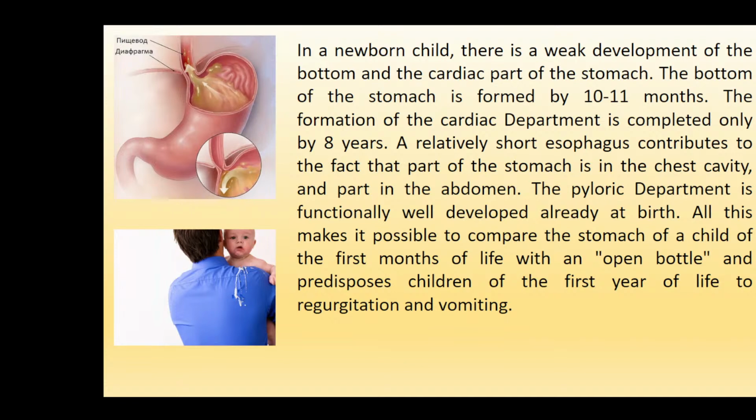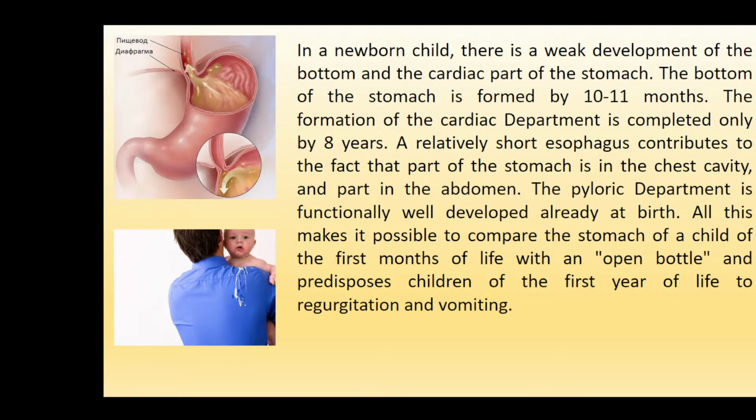In newborn child, there is a weak development of bottom and cardiac part of stomach. The bottom of the stomach is formed by 10-11 months. The formation of cardiac part is completed only by 8 years old. A relatively short esophagus contributes to the fact that part of stomach is in the chest cavity and part in the abdomen.